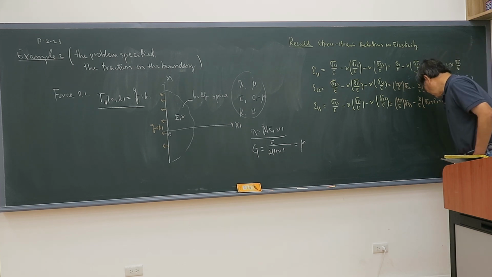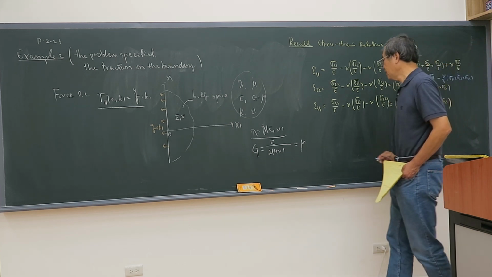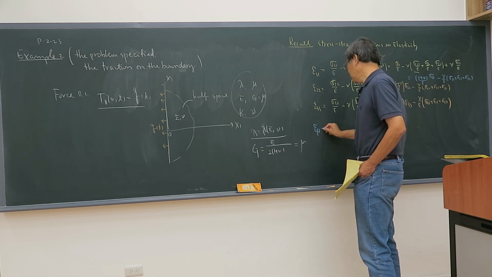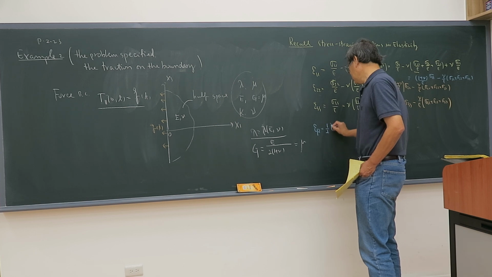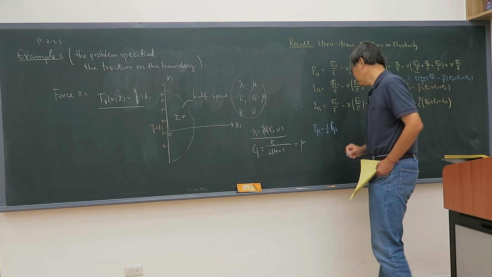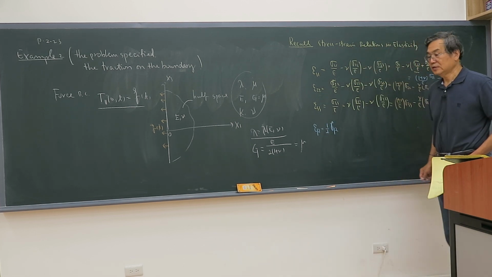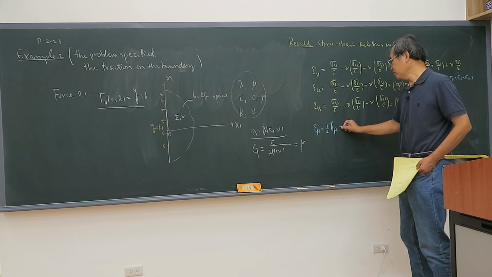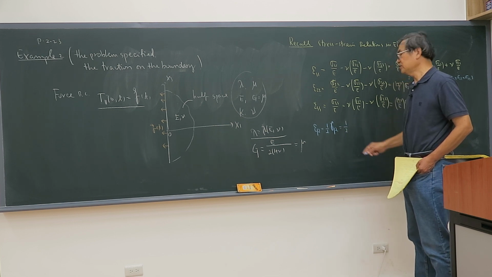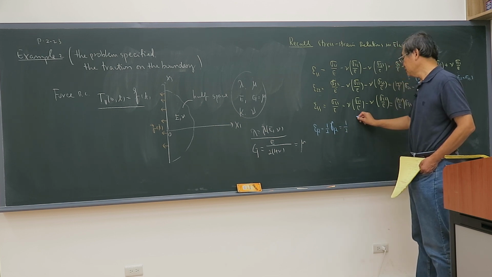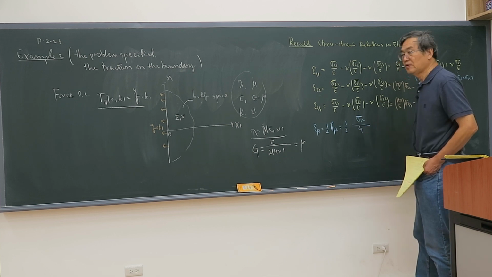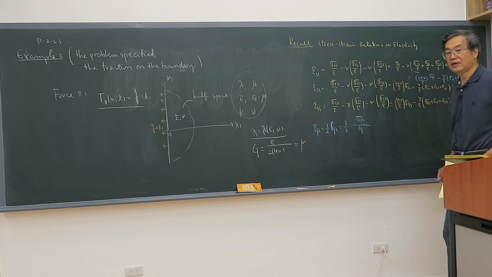And we also have epsilon 12 equal to half gamma 12. Right? This is the tensor shear strain, and this is the engineering shear strain. Okay? And this will be half. And this engineering strain will be what? Sigma 12 divided by G. Right?